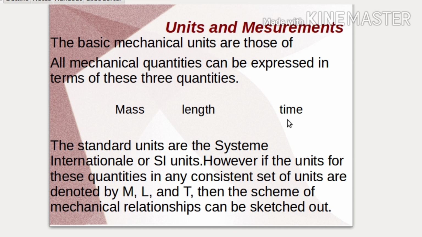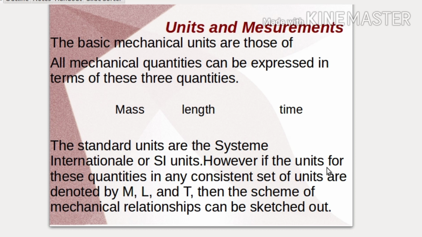Meaning the system that we are describing must be understood by everyone. It must be something everyone can understand. So the system defined here is called SI units. It is internationally accepted. Okay, are you getting it?